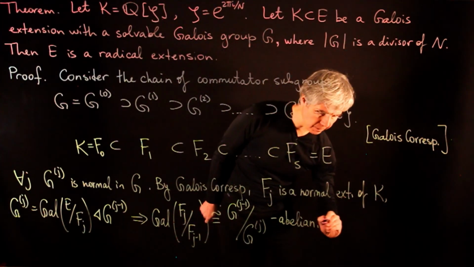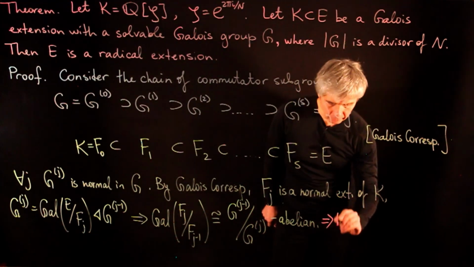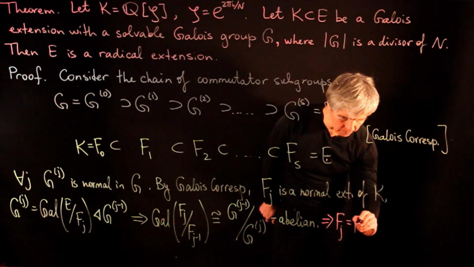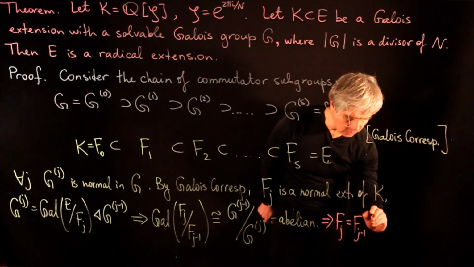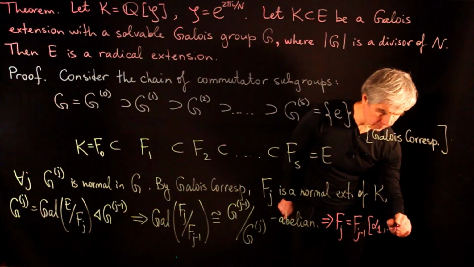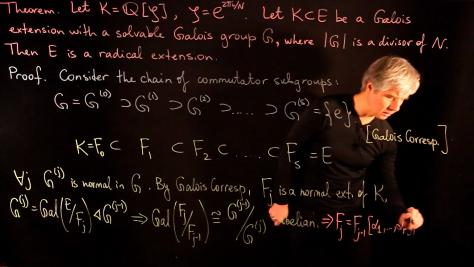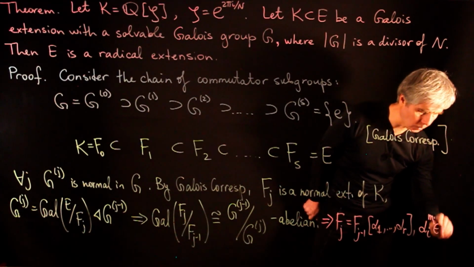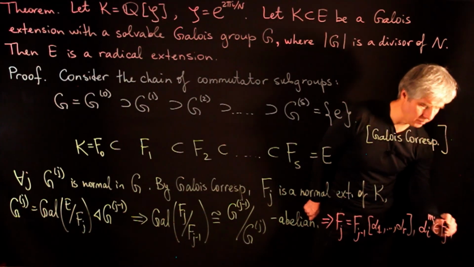And then, by the theorem on Kummer extensions, we conclude that Fj is obtained from Fj minus 1 by adjoining elements alpha 1 through alpha r, such that alpha i to the power mi belongs to Fj minus 1.